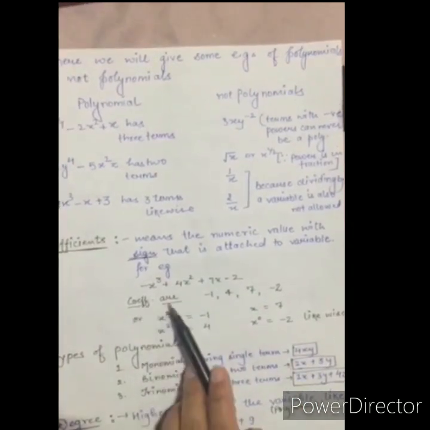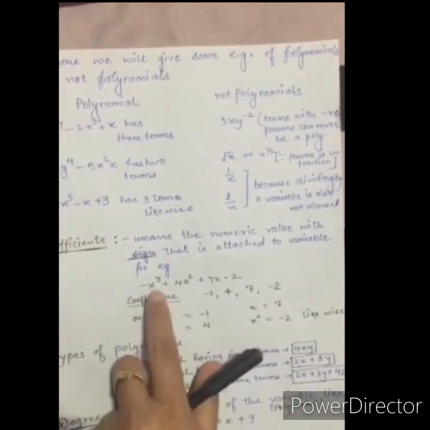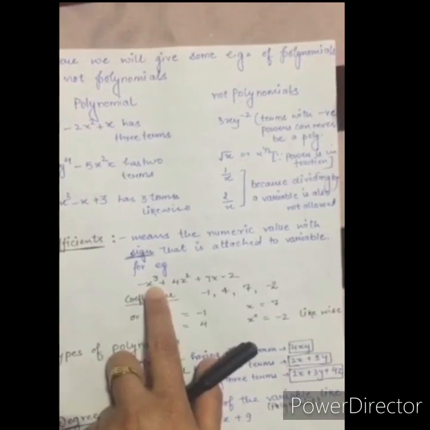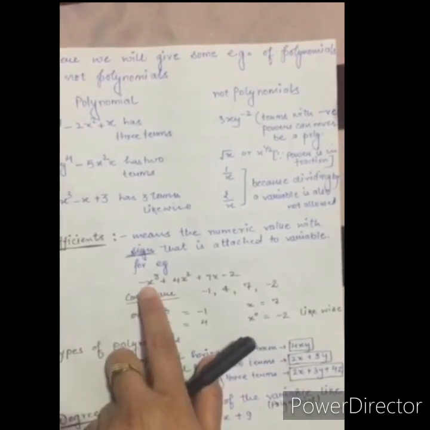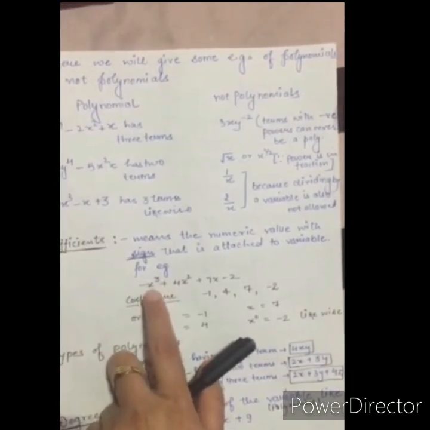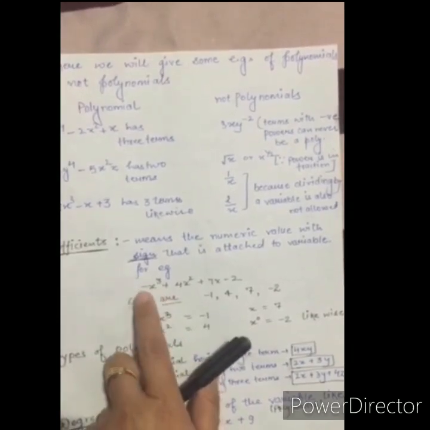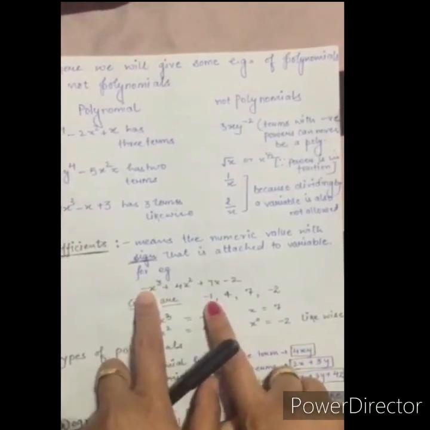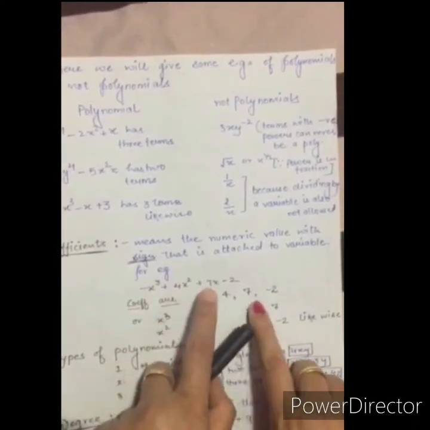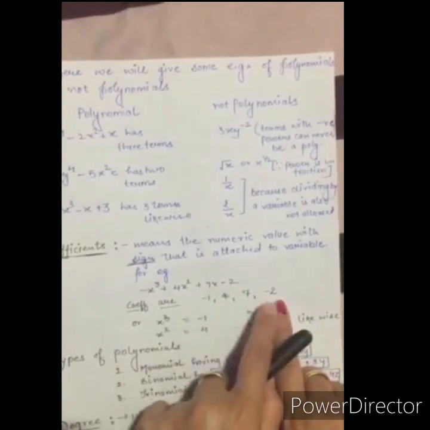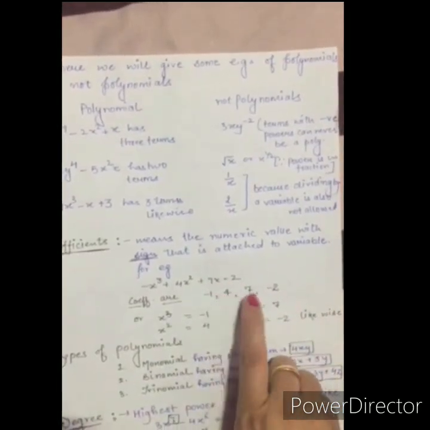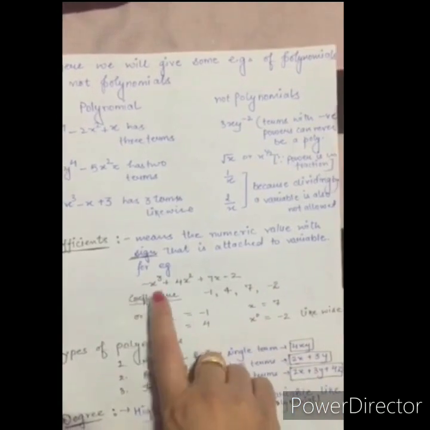Here the coefficients are whatever is multiplied with the variable. If nothing is multiplied with the variable, always take 1. Take it with the sign. Here you have taken -1, 4, 7 and -2. These four separate terms are called coefficients.